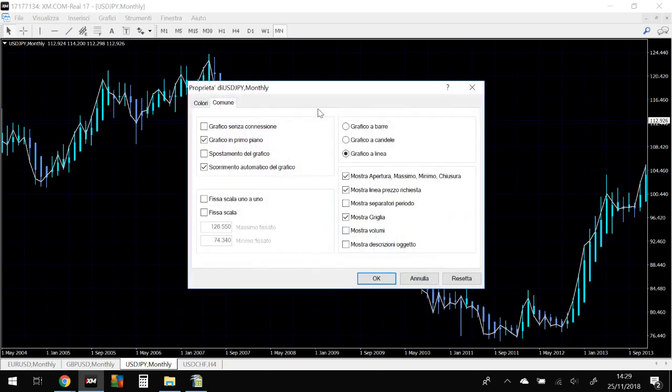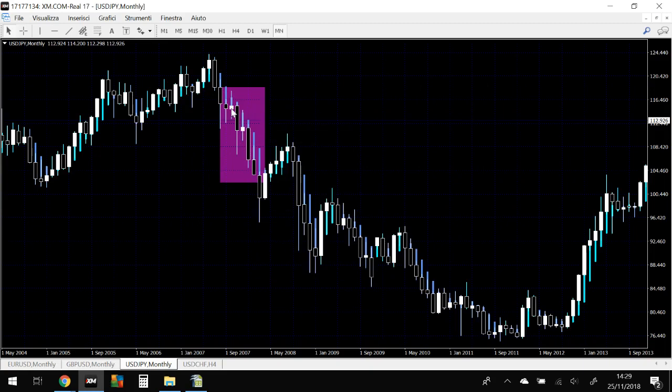There is no little noise. There is only the biggest noise. As you see, for example, this candlestick here, and also this one, are not tracked on this kind of chart.